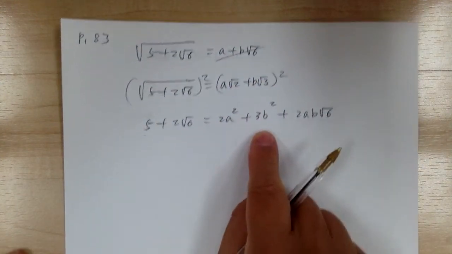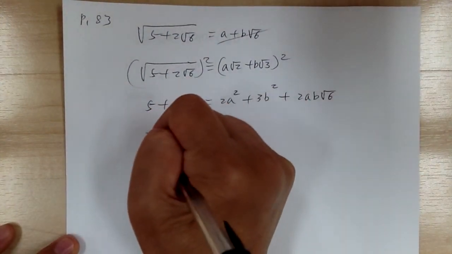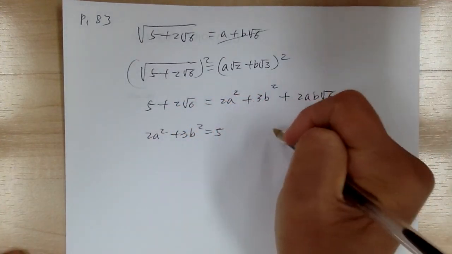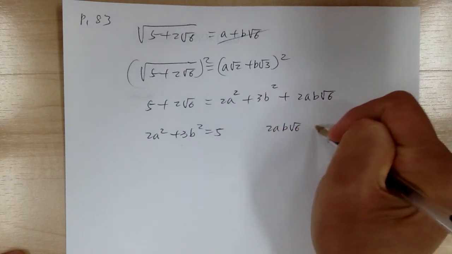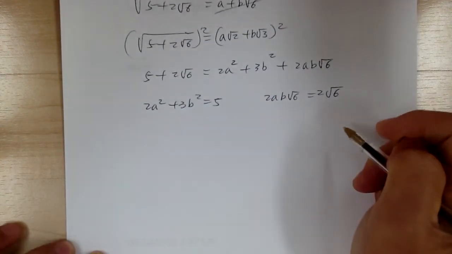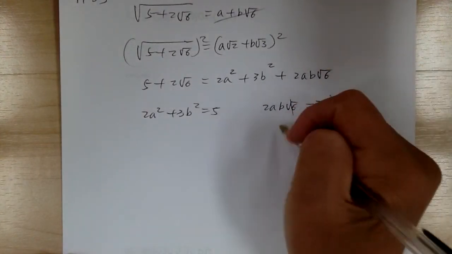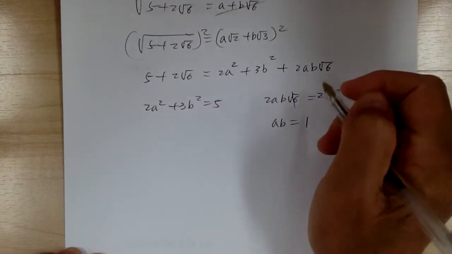Again, go and match up. So you got 2a squared plus 3b squared equal to 5. And you got 2ab square root of 6 equal to 2 square root of 6. Okay, and then again, cancel these things out and divide. So you got ab equal to 1.